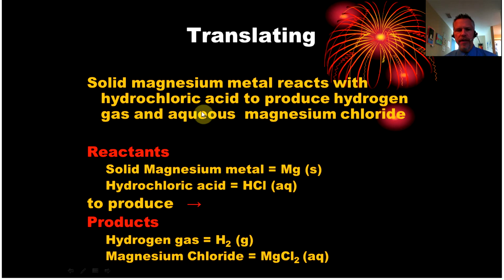So one product is hydrogen gas, the other product is aqueous magnesium chloride. Well, here they tell us right up front this is aqueous, so we know that the state has to be AQ. And magnesium chloride, we should know from the last unit, is going to be MgCl2, because magnesium makes a +2 ion, chlorine makes a -1 ion.